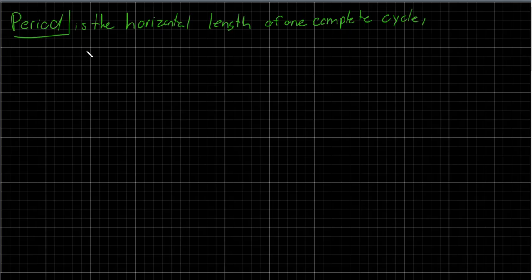As we said for sine theta, actually that's not called sine theta anymore. It's called y equals sine of x, which was what we graphed before. And for y equals cosine of x, the period was 2 pi.